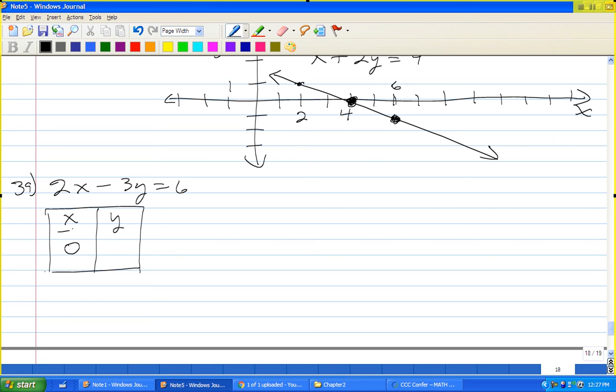Let's put in 0, -2, and +2. I'm sorry, -3 and +3. So let's plug in those values.